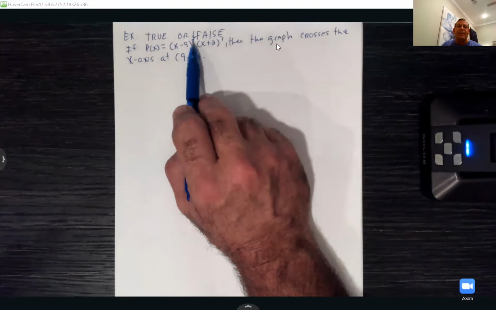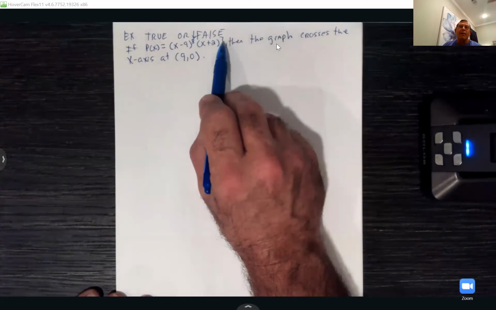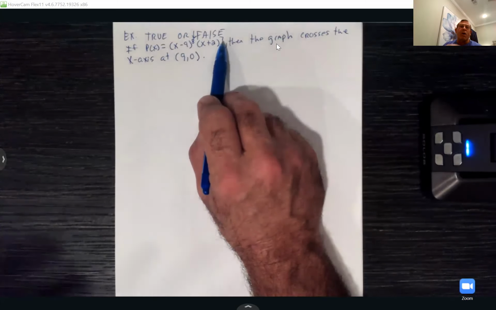If they had odd multiplicities like this 7, then they would cross over the x-axis. But y'all, they're focusing on the 9, 0, which comes from this factor. That is an 8, which is even. So in reality, this one is tangent. So this would be false.